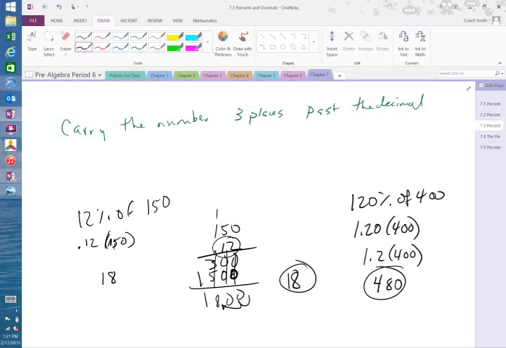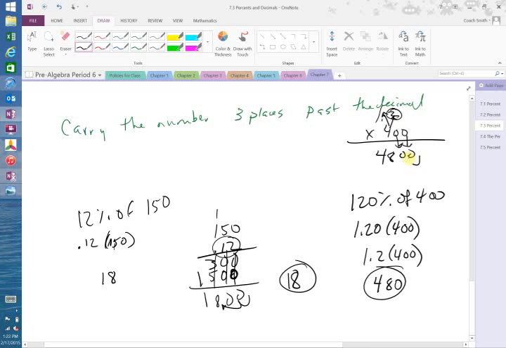How did you get 1.2 times 400? Bring down the 0, bring down the 0. 4 times 2 is 8. 4 times 1 is 4. 4,800, and I have 1 decimal place, so I move it 1 place.